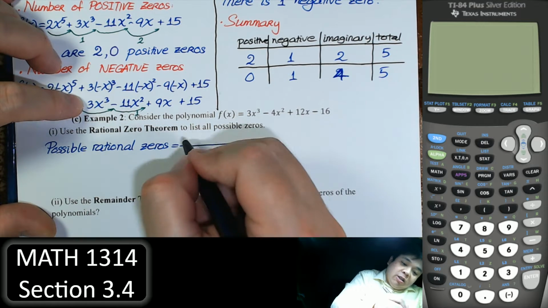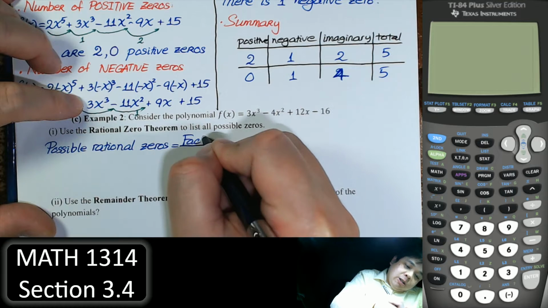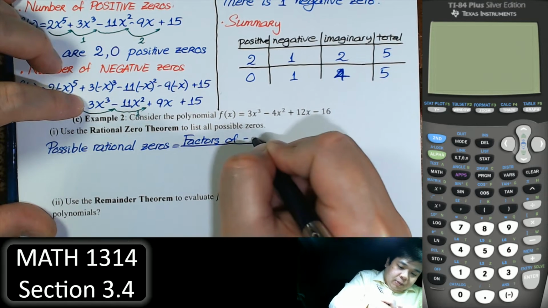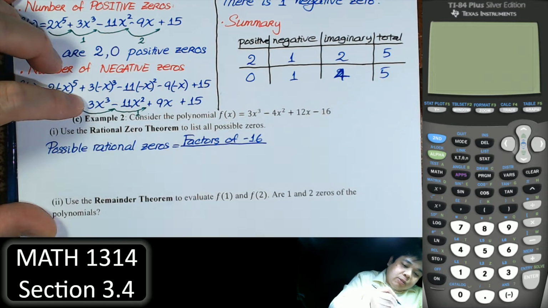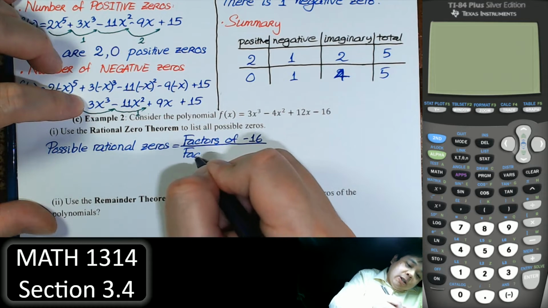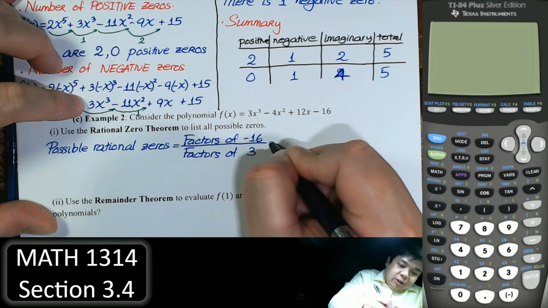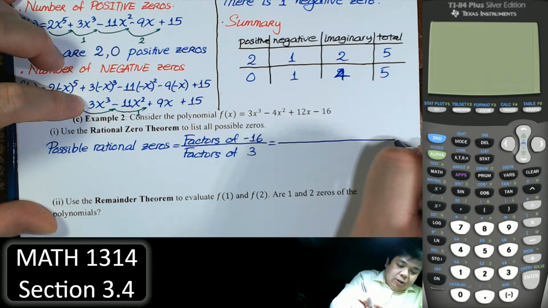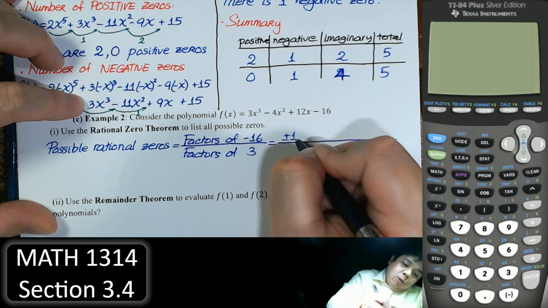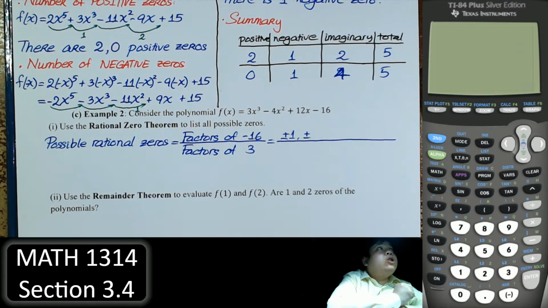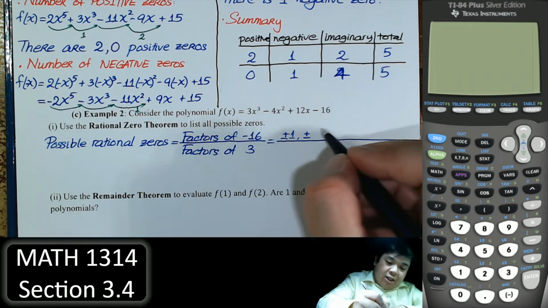Have the factors of the constant over the factors of the leading coefficient. Our factors of 16 will be 1, 2, 4, 8, and 16.